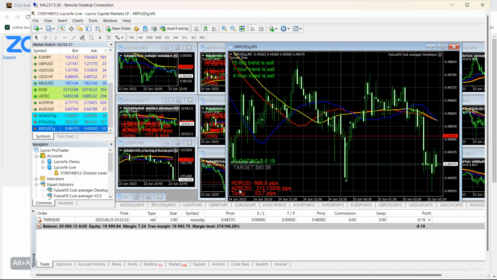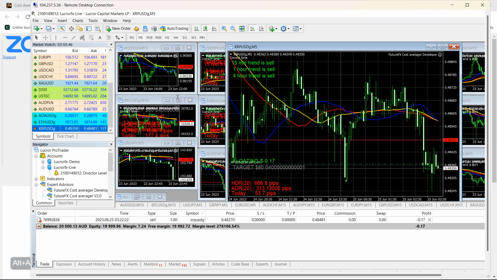We talked about the average daily range, the highest daily range, and the range today. The software also always trades with the trend, and that's very, very important. That's why this software can incur much less drawdown than other cost averaging EAs, because it does require 3 different time frames to have their trends lined up in order for it to even think about trading.